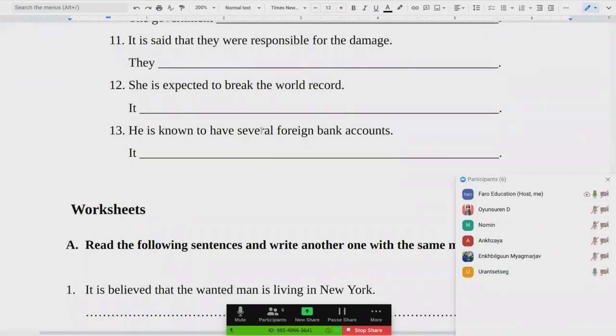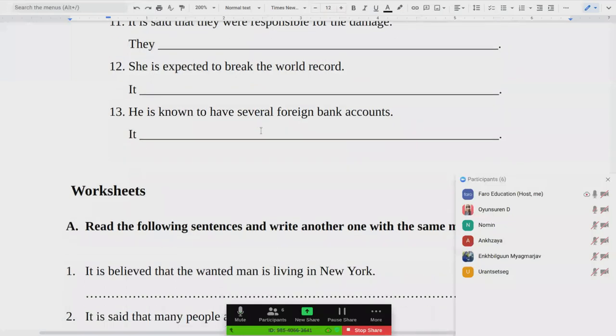13. He is known to have several foreign bank accounts.